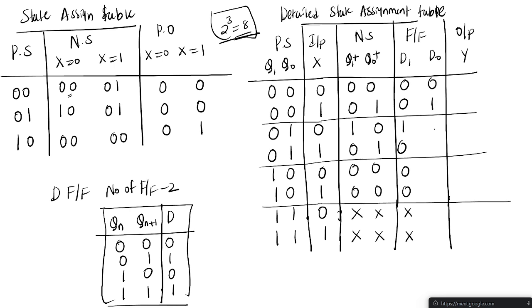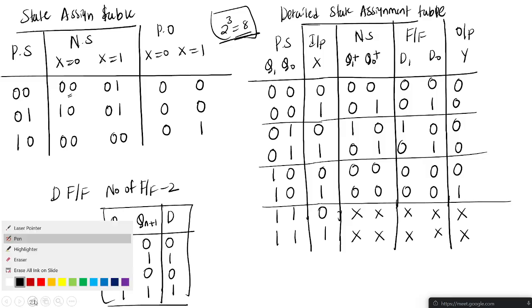And what is this? 01, don't care, don't care. What are the outputs? Tell me. 00, and 00, 01, and this is don't care. Don't care, don't care. Yeah.